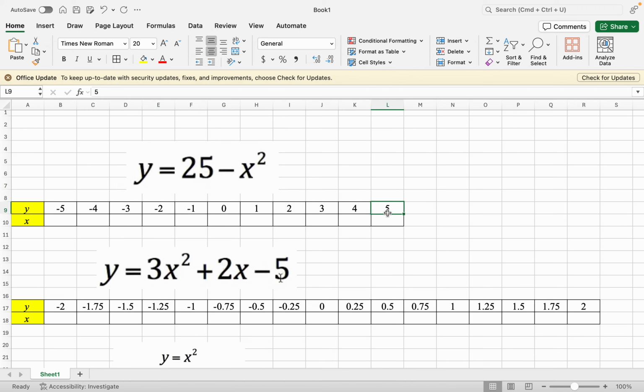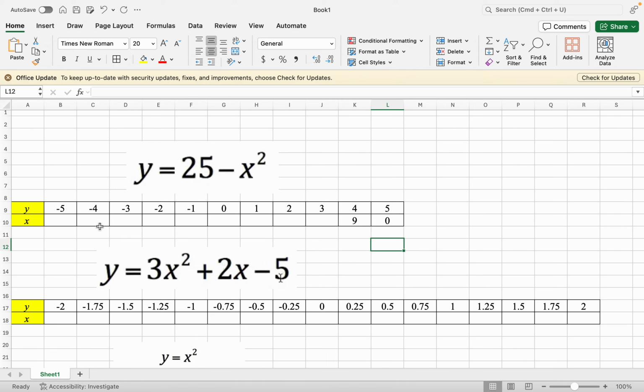So when x is 5, then y is going to be 25 minus 5 squared, which is 25 minus 25, which is 0. When x is 4, then y is going to be 25 minus 4 squared, which is 25 minus 16, which is 9, and so on.